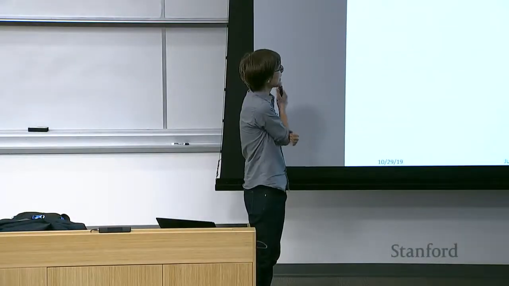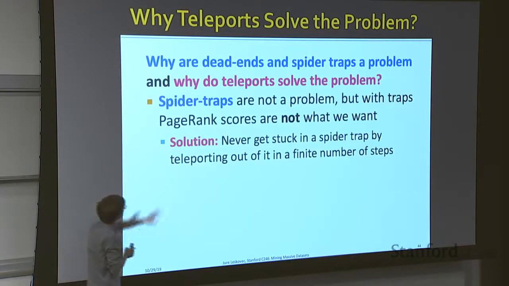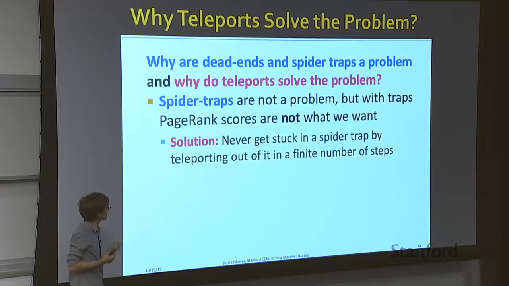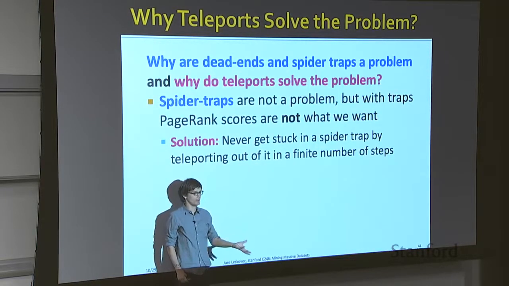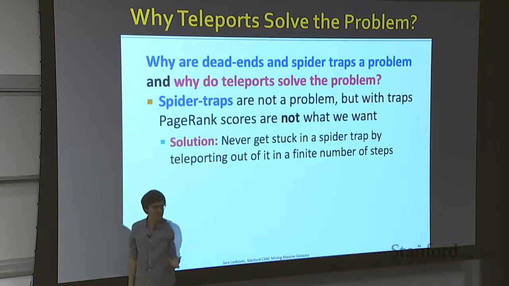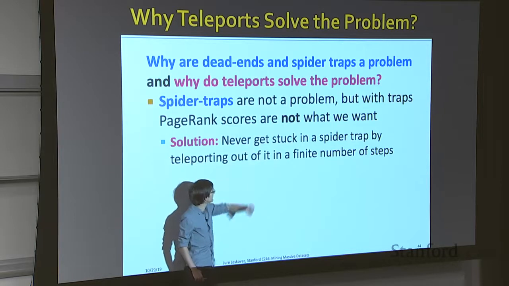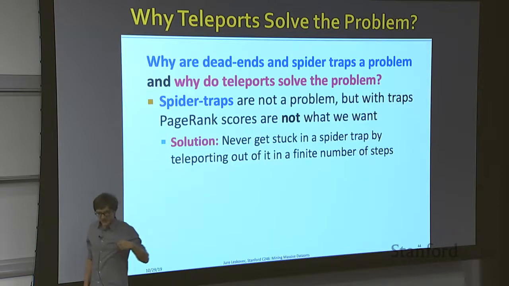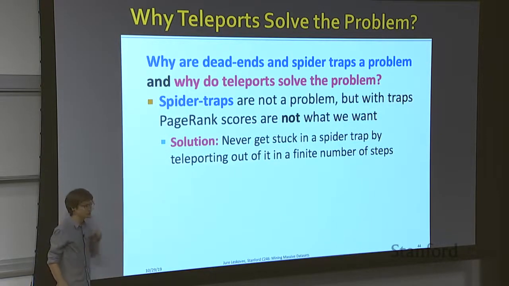Okay? So what is the solution to the dead ends and spider traps? Why do teleports solve the problem? As I said, spider traps by themselves are not a problem from the convergence point of view, but they are a problem because PageRank gives us something we don't want, right? It gives us a trivial result that's useless. So the solution is we don't want to be stuck in a spider trap, so we will use teleportation so that after some finite number of steps in the spider trap, we teleport out of it and we save ourselves, right?